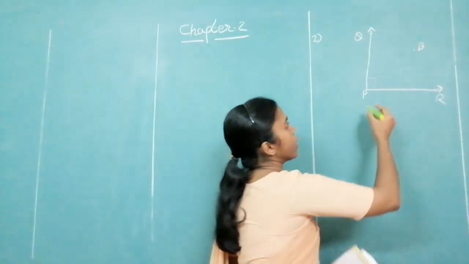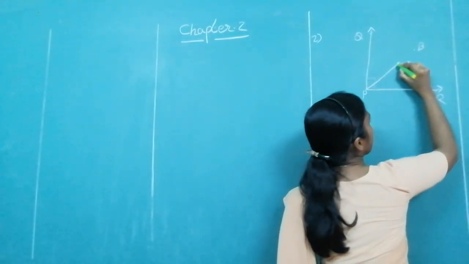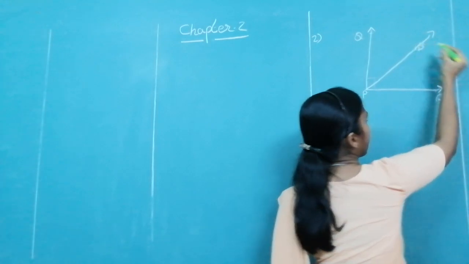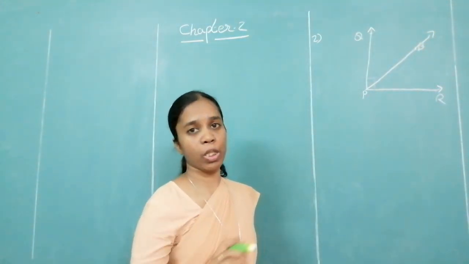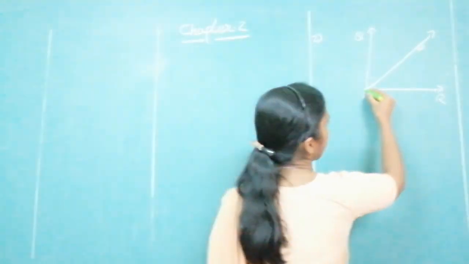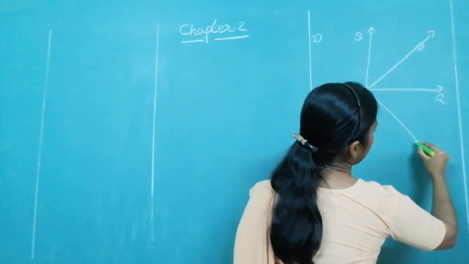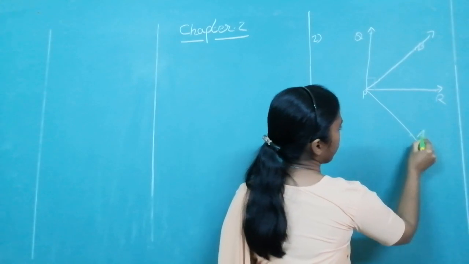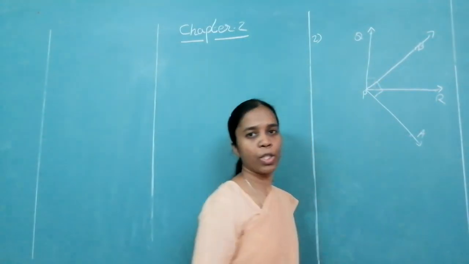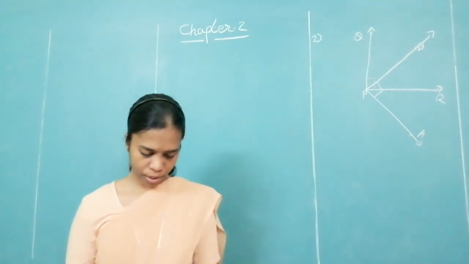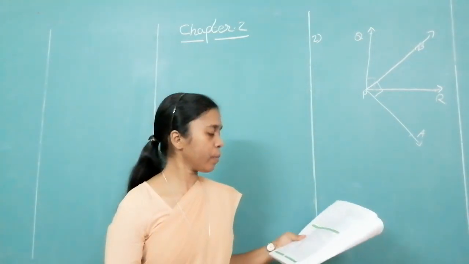Ray PB, that is this ray, if I draw like this, and ray PA are perpendicular to each other. Now to draw perpendicular, it will be like this. So A is over here. Now PB and PR also is perpendicular. Okay, this is how you draw the diagram. First you are asked to draw the diagram.